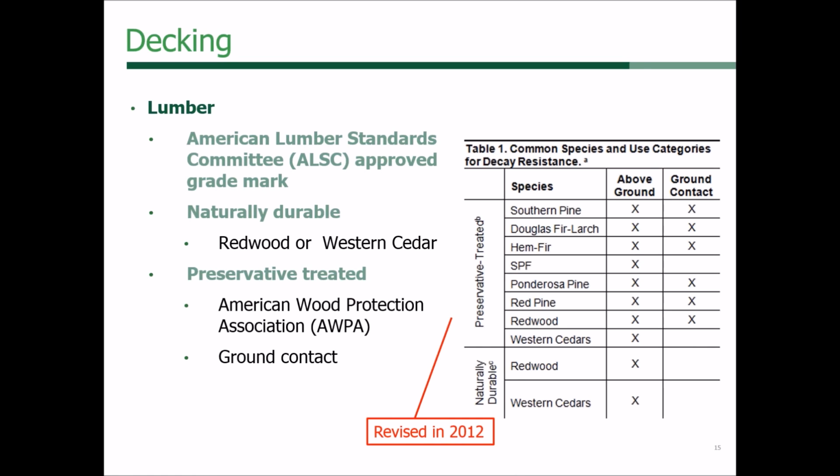The label should specifically say, just because you're only going to be able to find ground contact because the supplier doesn't want to have both and make it difficult for the person buying it. Now, obviously, you probably can get just above ground treatment if you go looking, but most big box stores only take ground contact, and you can obviously use ground contact for above ground as well.